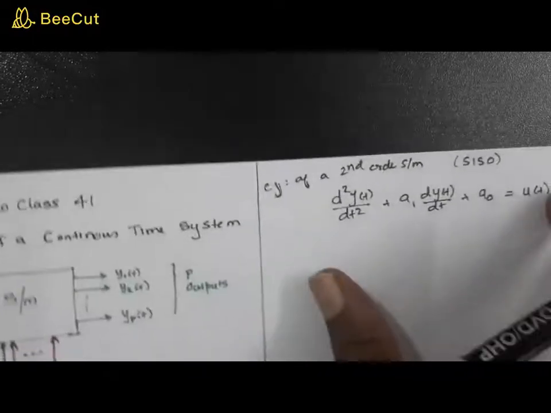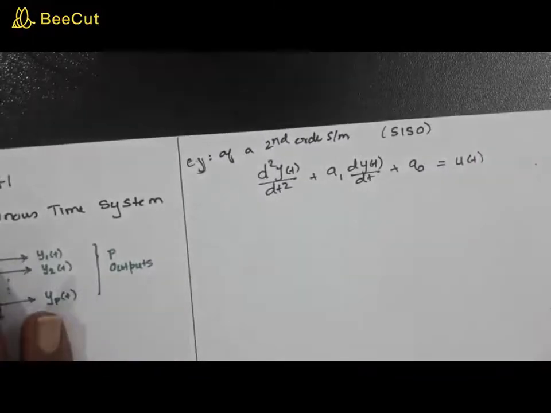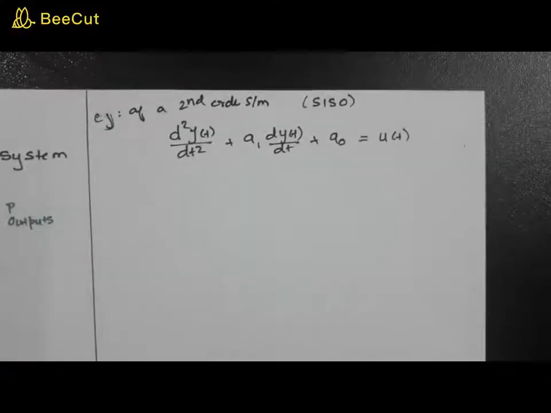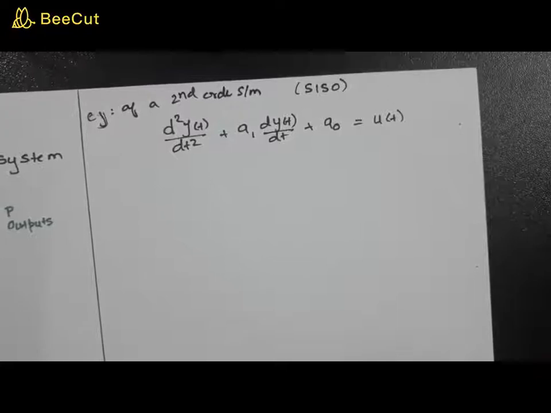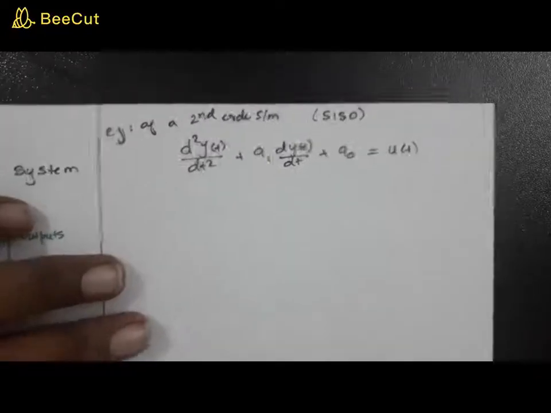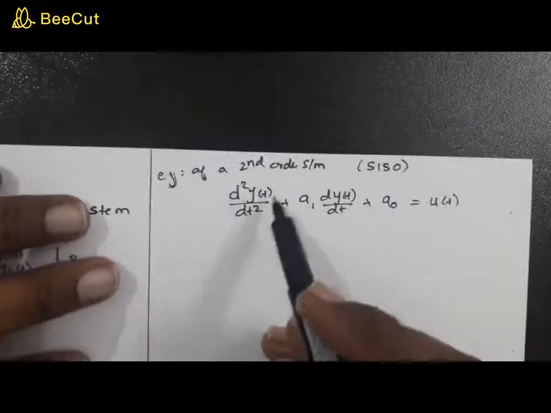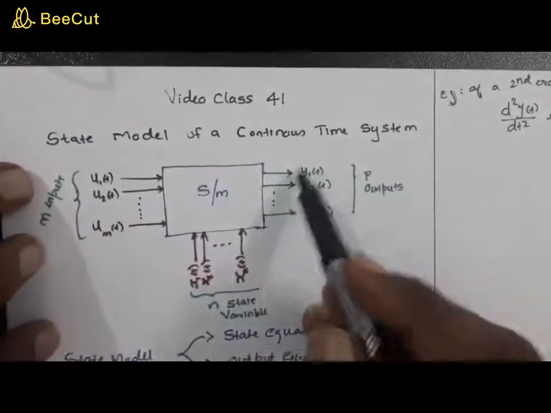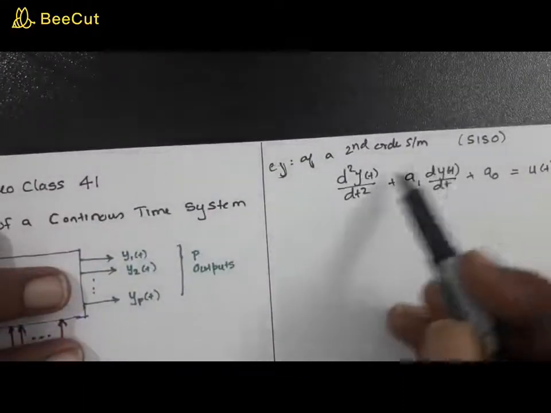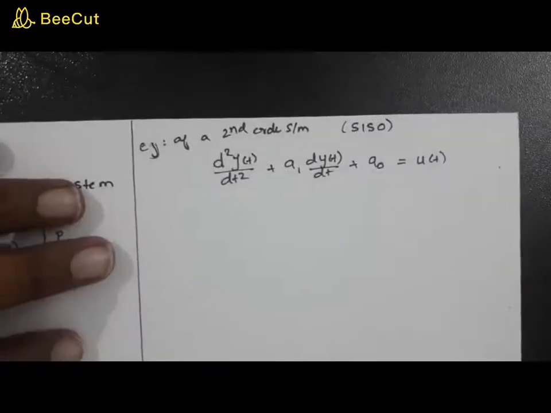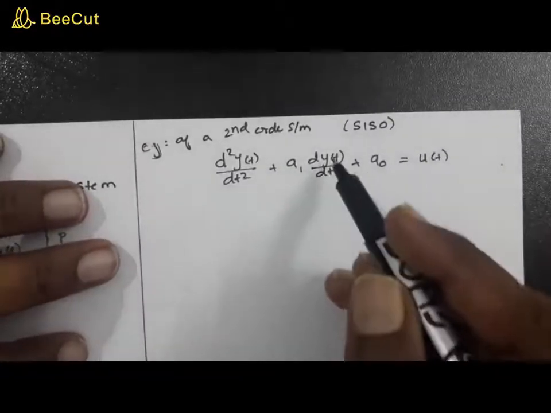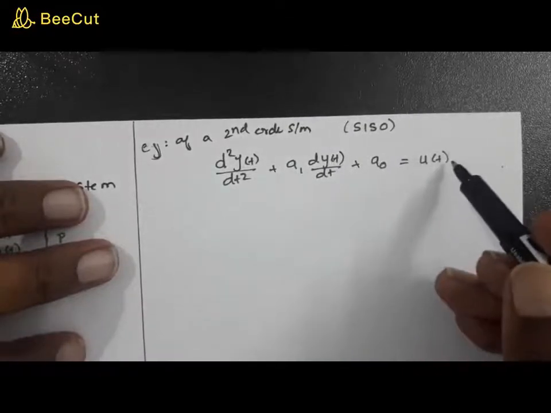Whatever we learn from this will just be applied onto that. So we'll start from the simple SISO system. There is nothing to explain about this: y of t is the output and u of t is the input, or rather the response when you give the u of t.